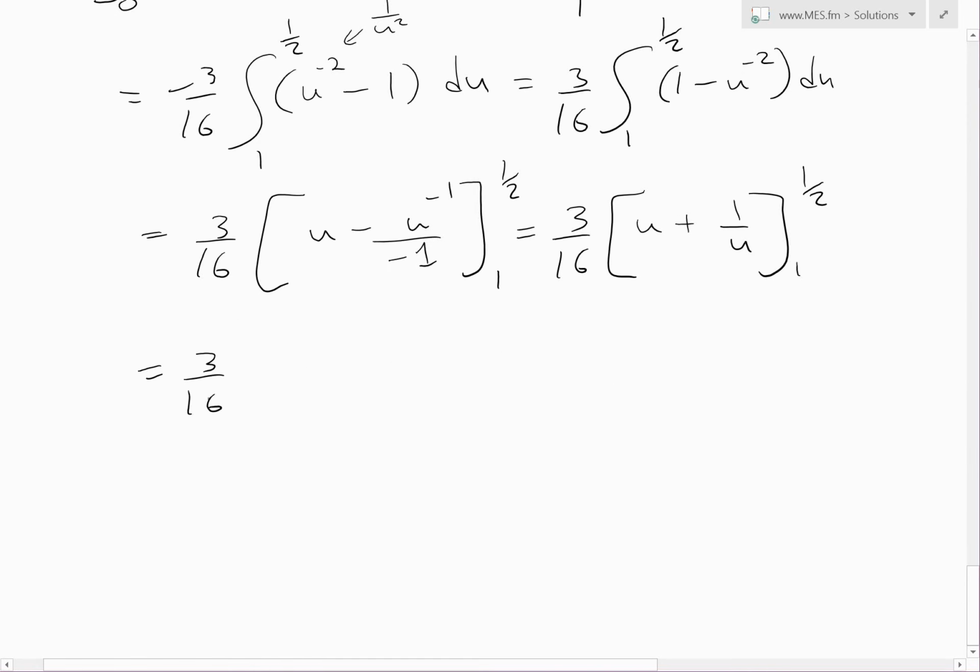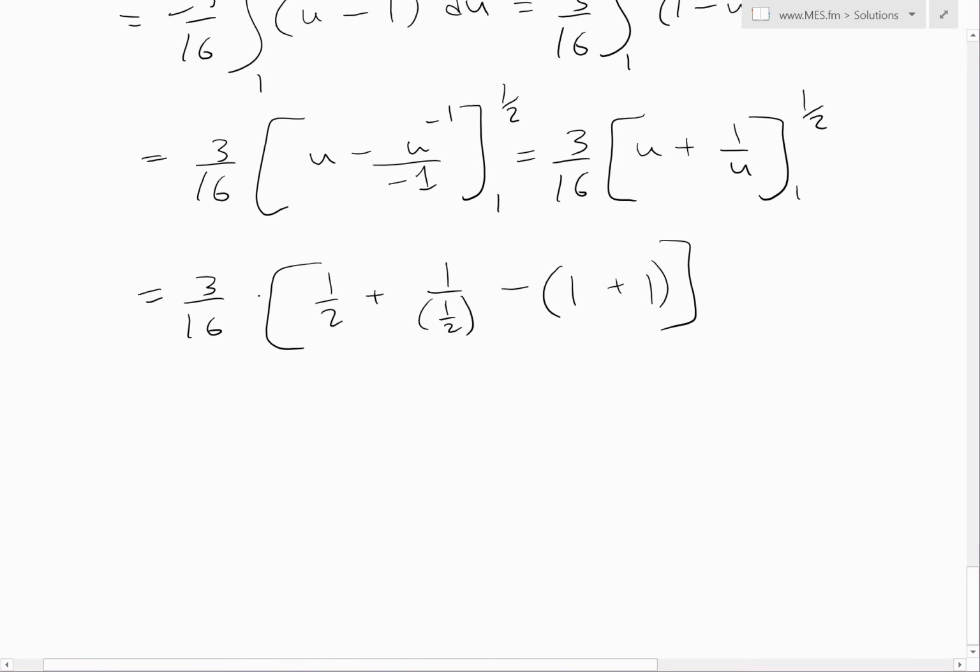Now this all equals 3 over 16 times, putting the 1/2 inside, 1/2 plus 1 divided by 1/2. Then we subtract, putting the 1 inside, 1 plus 1 divided by 1, which is just 1.